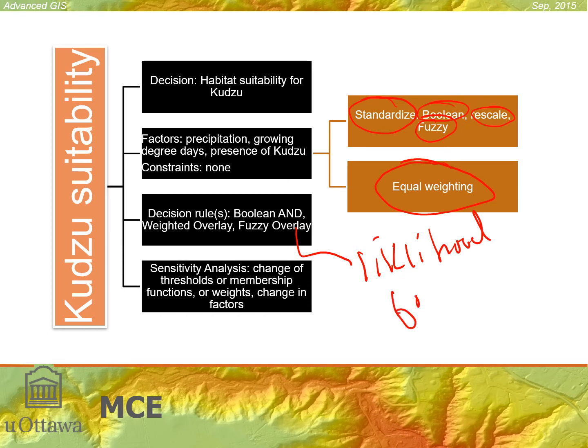Likelihood for Kudzu is what comes from fuzzy. At the end is a likelihood, a value that ranges between 0 and 1 for every single decision set cell. The closer it is to 1, the more likely it is that Kudzu will establish, or can establish, or is established there. The closer to 0, the least likely it is that Kudzu will establish in that location.